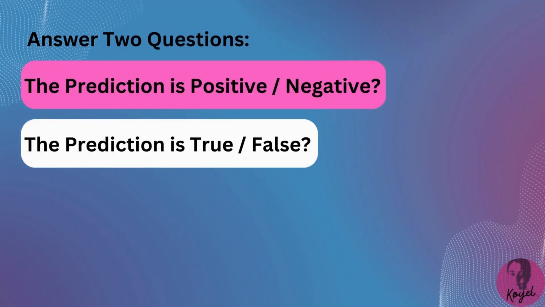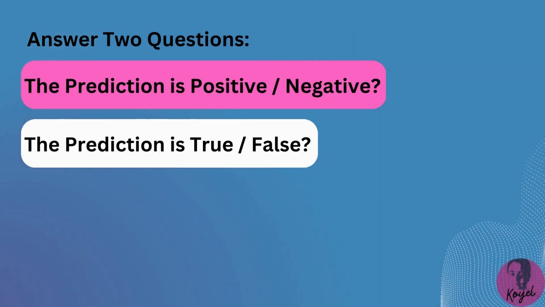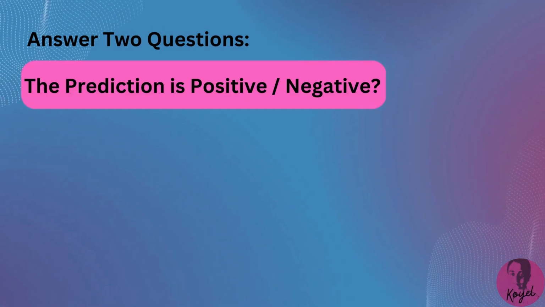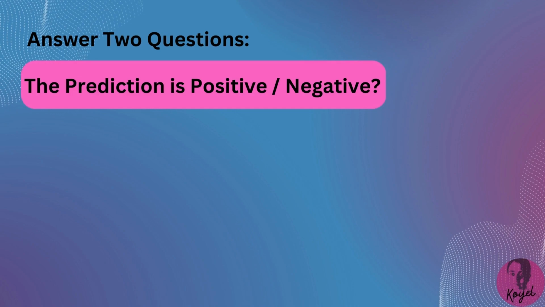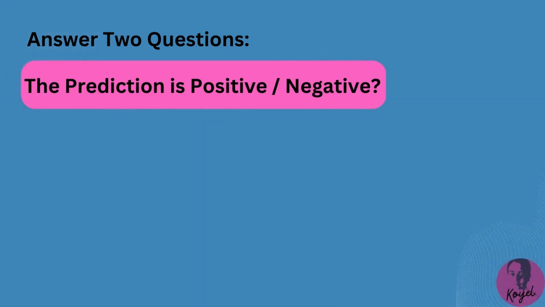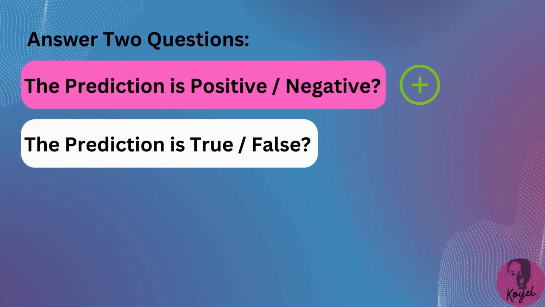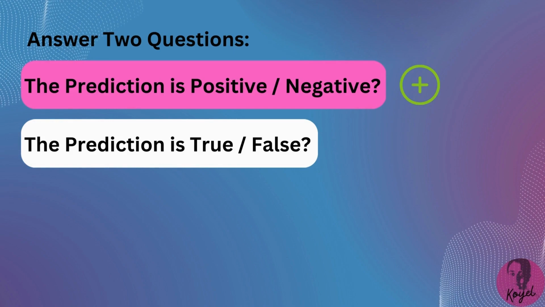Thus, to any cell in a confusion matrix, we need to ask two questions. Is the predicted class positive or negative? And is the prediction true or false? First, let's target this cell of a confusion matrix. Now, what is the predicted class of this cell? We can see that the predicted class is cat, which we have taken to be the positive class. Hence, the answer is positive. Now, let's move on to the next question.